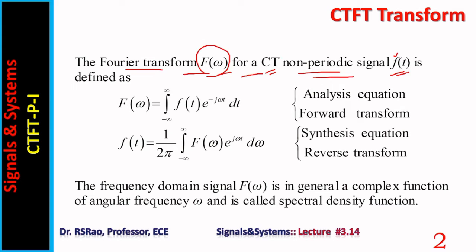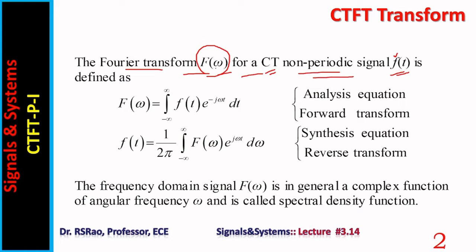Of course, t is there as an independent variable. Omega is there along with capital F. It tells that capital F depends upon frequency. Independent variable is frequency.